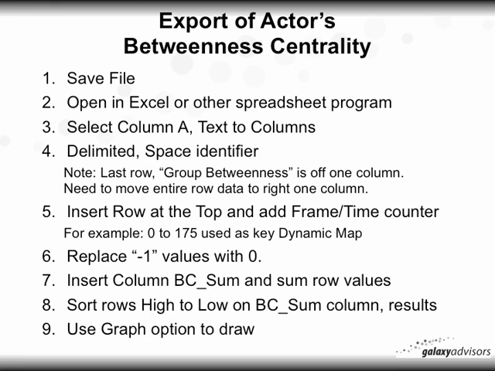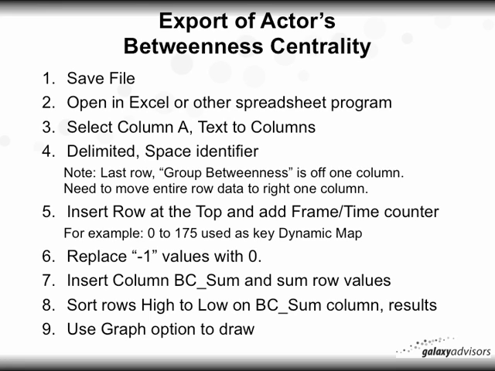So I replaced the -1 values with 0, because in the next step, step 7, I'm going to ask you to insert a column titled Betweenness Centrality Sum, so you can sum the values going across. You'll get an aggregate sum for each individual across all those time frames.